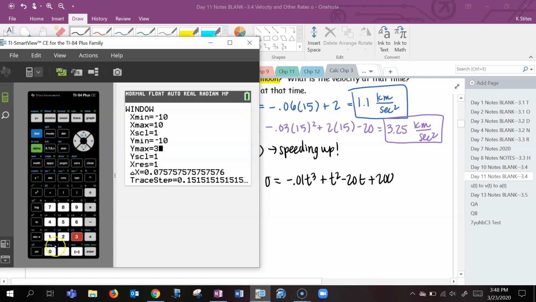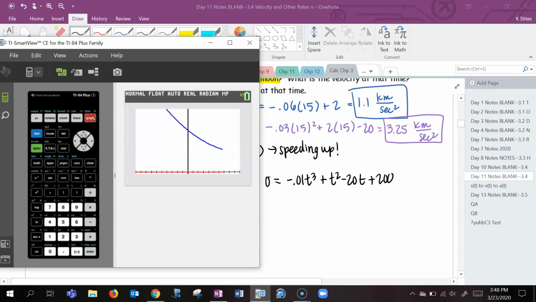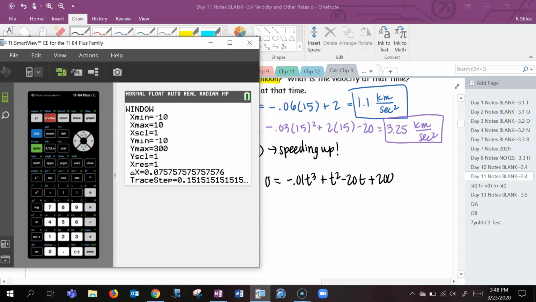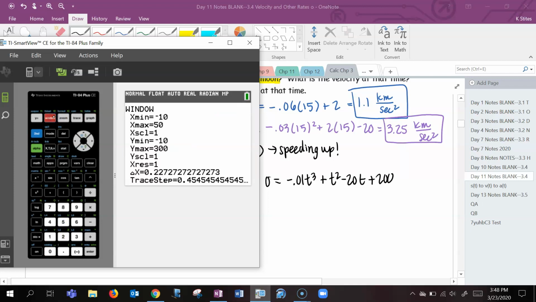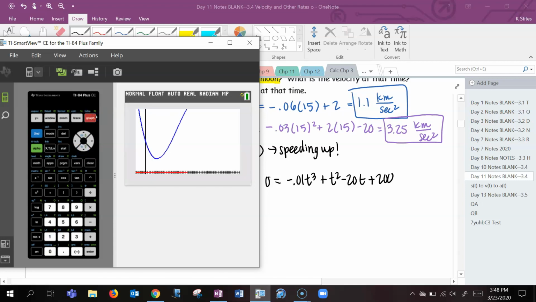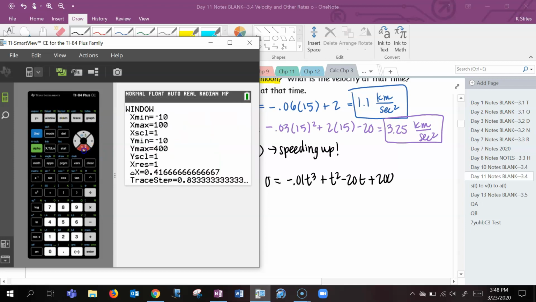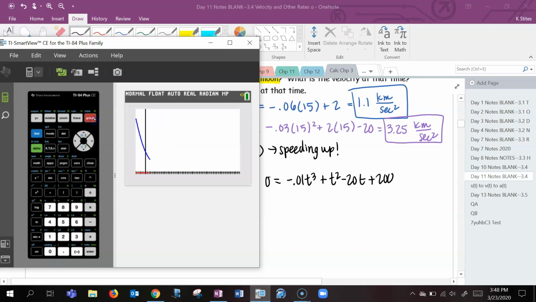I'm just going to go with like 300. Let's see what that does. Okay, I'm going to move farther to the right also. It is a cubic, so let's try going over a little more and up a little more and seeing if we can get the whole picture. Okay, I'm going to go up just a little more. Alright, there you go. There's that cubic that we're looking at.